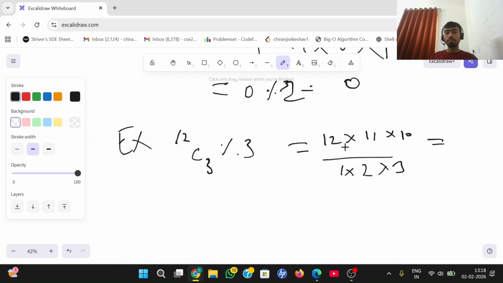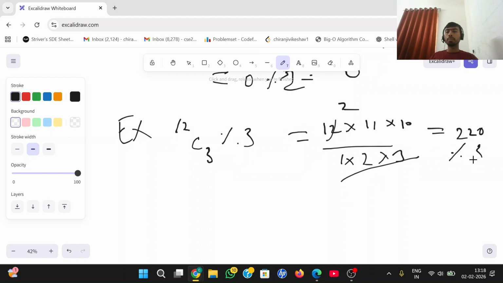This cuts down with this, left with 2, and it is going to be 220. And if we apply modulo 3, then 219 is divisible by 3, so it is 1. The remainder left is 1.